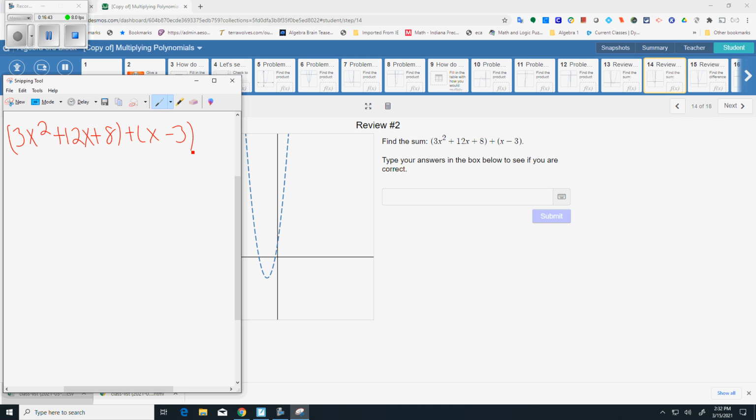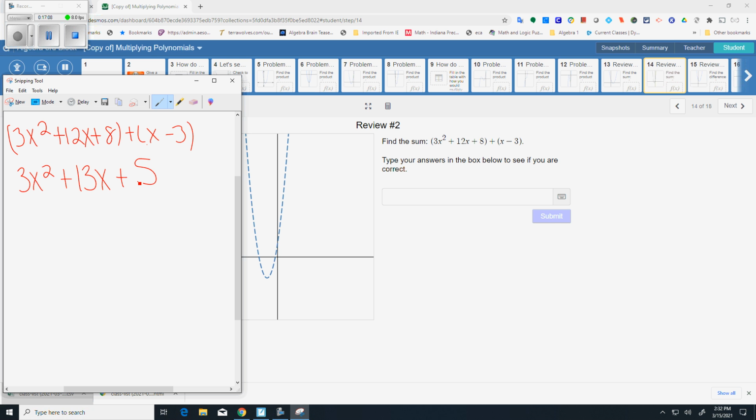We don't have an x squared in this one, so just 3x squared would stay the same. And we would add x to 12x, we get 13x. 8 plus negative 3, we get positive 5. So that's our answer for this one.